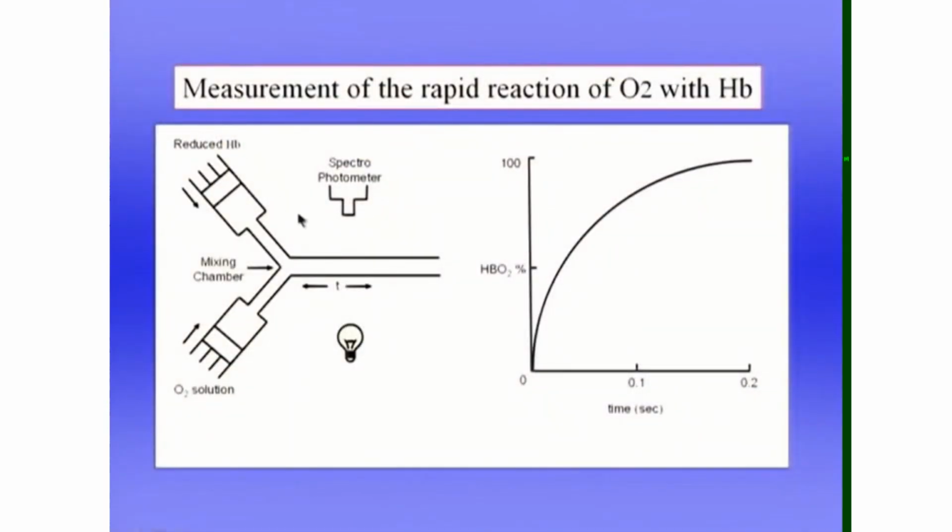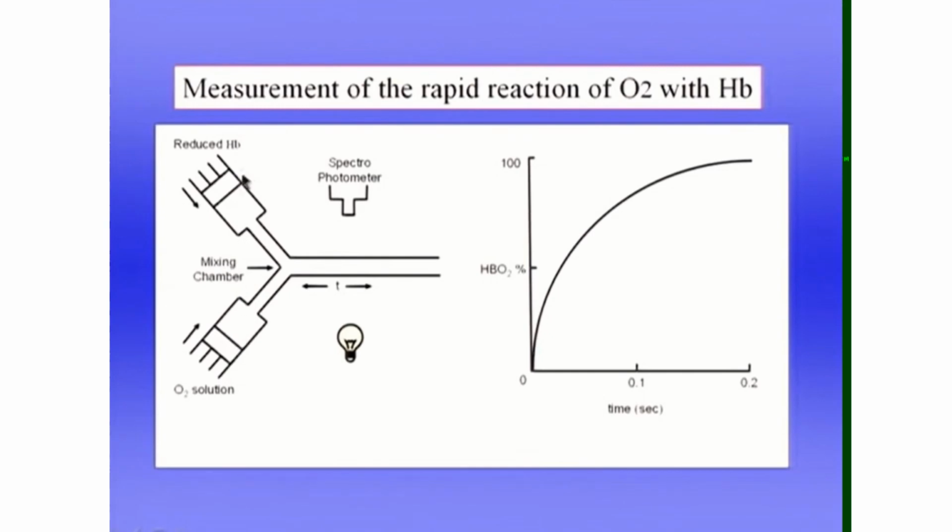Here's a measurement of the rate of reaction of oxygen with reduced hemoglobin. And what you have are 2 large syringes here, and they're very strong, and they're motor driven because you're going to be emptying these quite fast here. One of the syringes contains reduced hemoglobin, and the other contains a solution with a high partial pressure of oxygen.